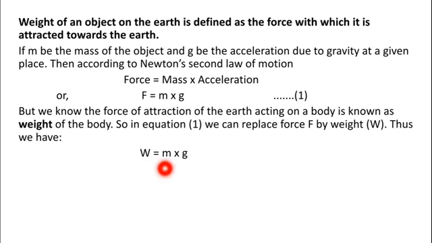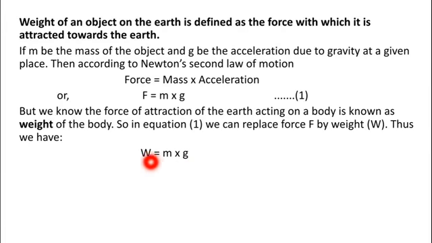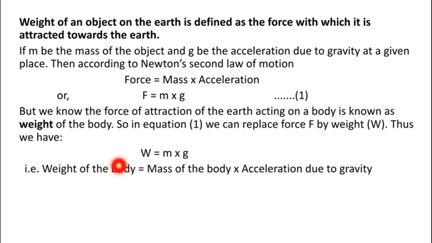W is equal to m into g, where W is the weight of the object, m is the mass of the object, and g is the acceleration due to gravity. Hence we can write: weight of the body is equal to mass of the body into acceleration due to gravity.